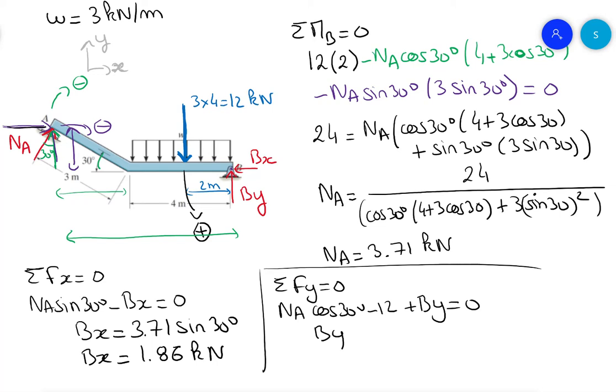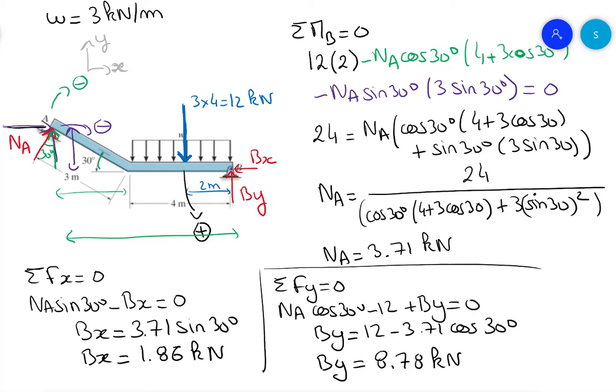So we have By that is equal to 12 minus NA, that is 3.71 cosine 30. So 12 minus the value of NA and cosine 30. This is 8.78 kilonewton.